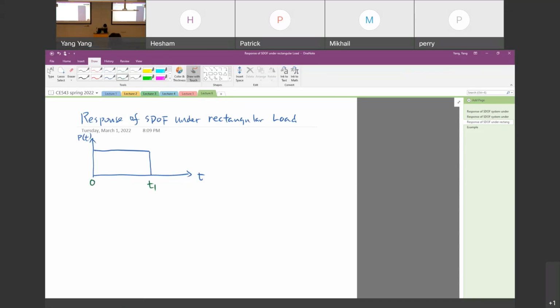So basically, we should be able to write down the time function of the force.